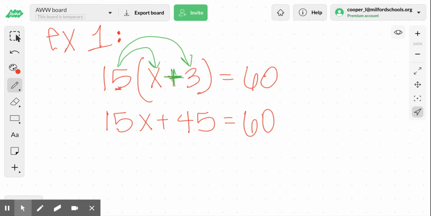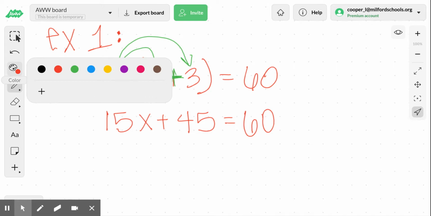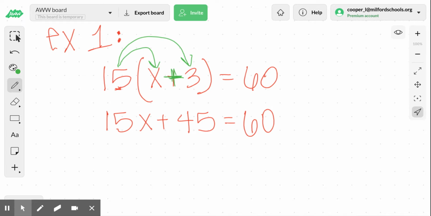So the next thing I'm going to do is our inverse operations, which you should know what to do from before. Sometimes people like to put that line down the middle so you know there's two sides. So I'm going to get rid of my 45 first. Doing an inverse operation helps you eliminate what you need to.